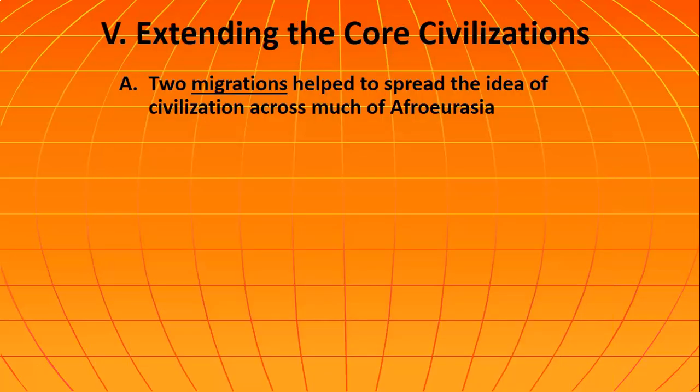What we're talking about, though, are two migrations that happened towards the end of the ancient period, and their consequences. Primarily, they didn't invent civilizations. They're not among the core civilizations, but as they migrated, they picked up the idea and the habits of civilization and then spread them to other areas.